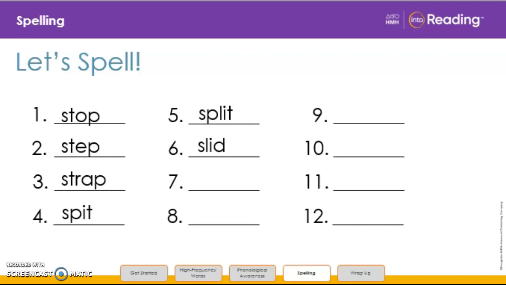Slid. Whoops, I showed it to you too soon. The next word is this. This. This book is about lions. This. Now, the next word is whip. I like whipped cream on my ice cream. Whip.